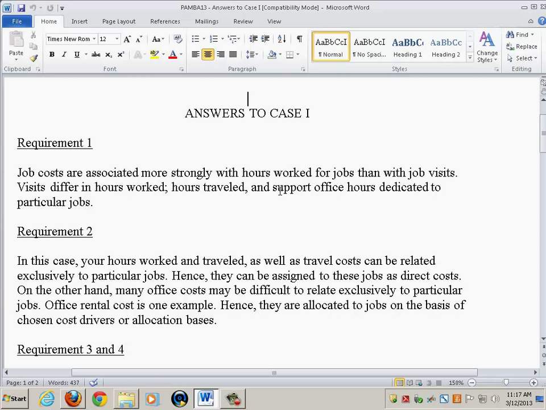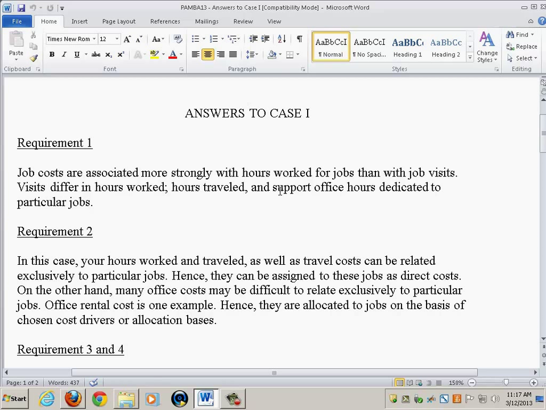Then how do you know? Then many of the travel hours don't relate exclusively to a particular job, right? So they may not be classified as direct, and the costs are not necessarily classified as direct. They may be indirect.